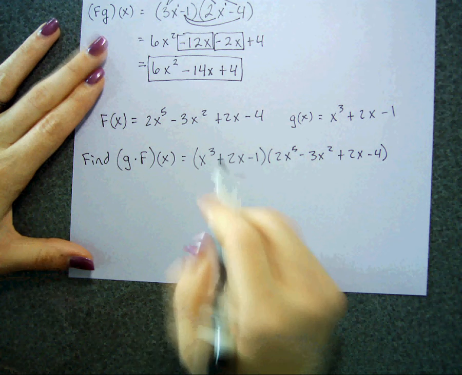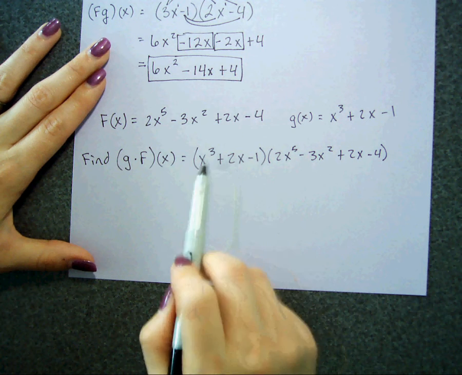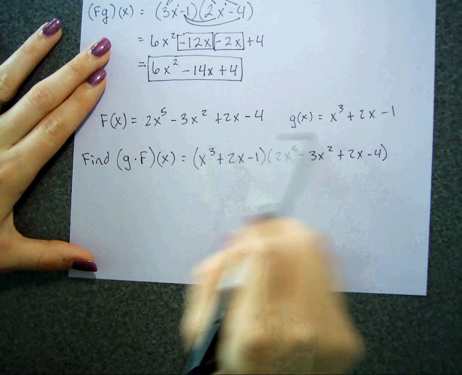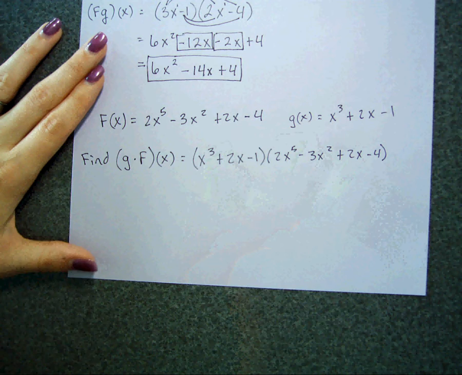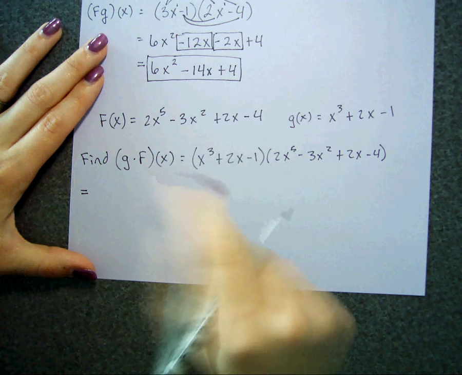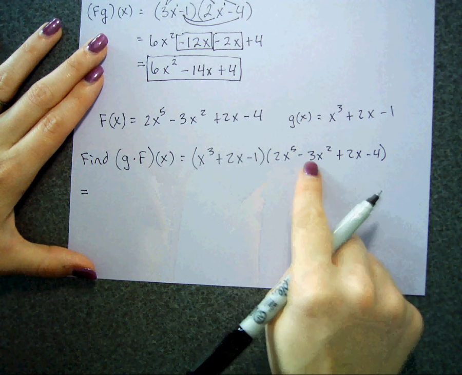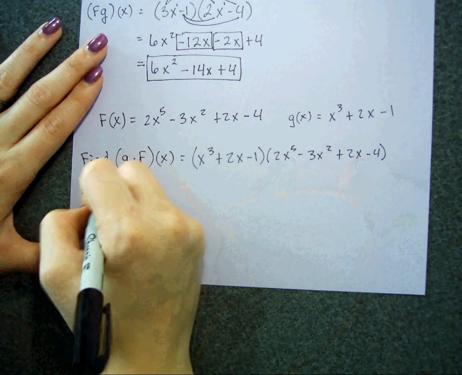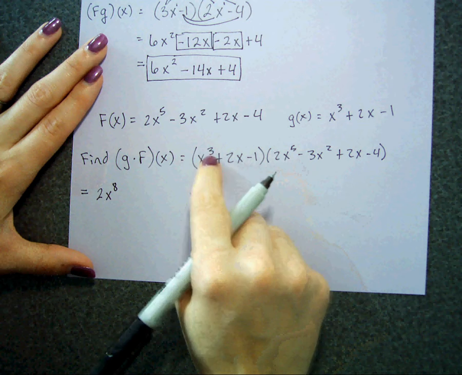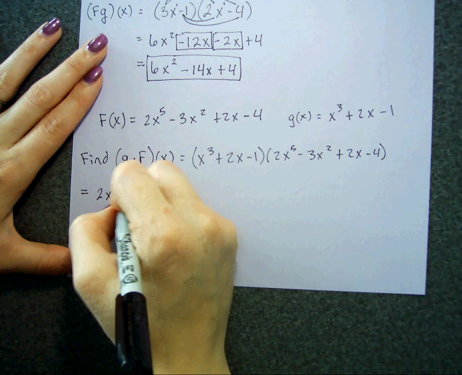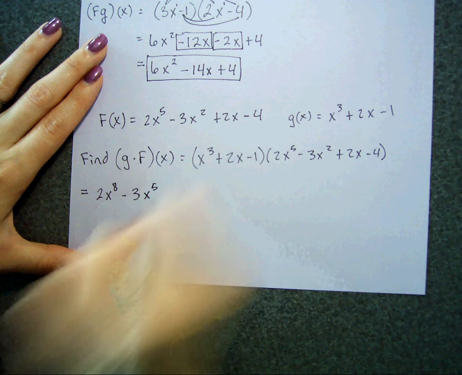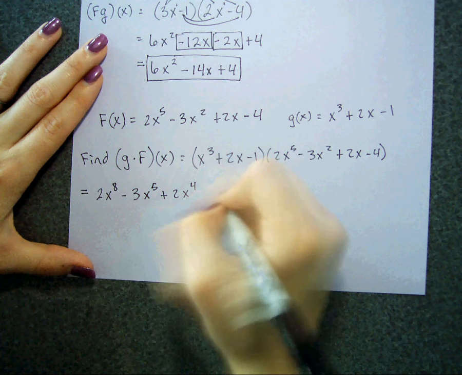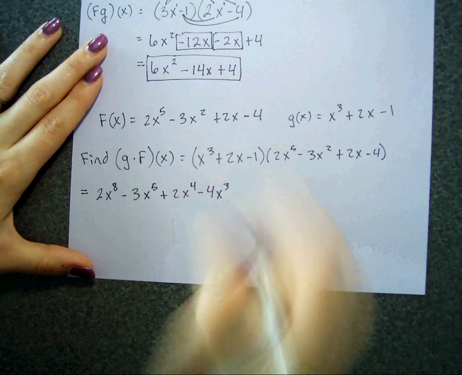So each term in my first set of parentheses will be multiplied or distributed to every term in the second set of parentheses. So starting with x cubed, I'm going to multiply x cubed times all 4 terms in the second set. So x cubed times 2x to the 5th gives me 2x to the 8th, because I'll just simply add my exponents, minus 3x to the 5th, plus 2x to the 4th, minus 4x to the 3rd.